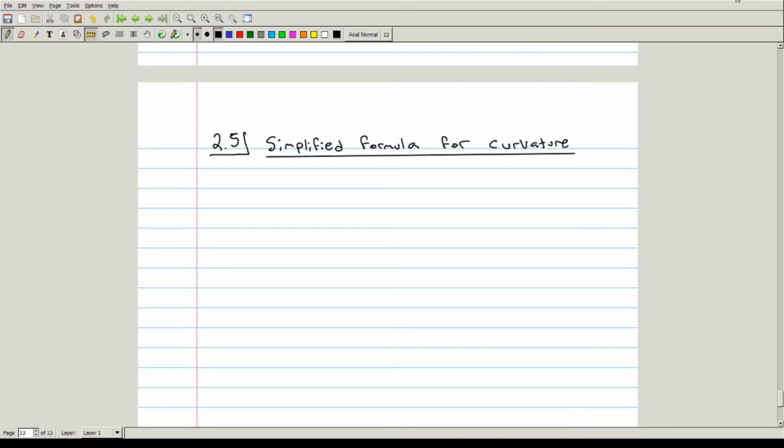This brings us to the final topic of today's lecture, which is a simplified formula for curvature. So recall that we define curvature as being the magnitude of the rate of change of the unit tangent vector with respect to arc length.